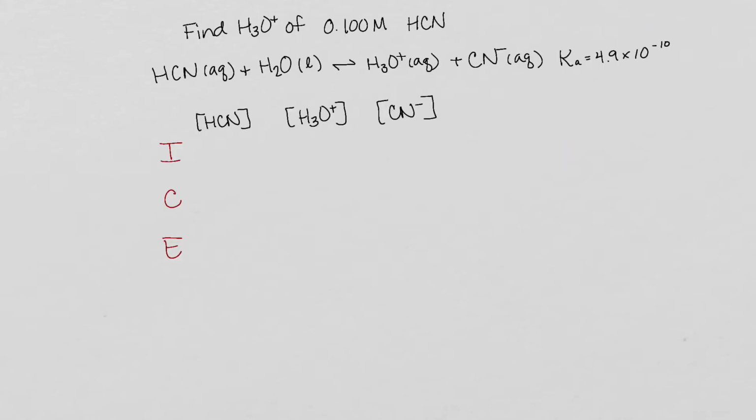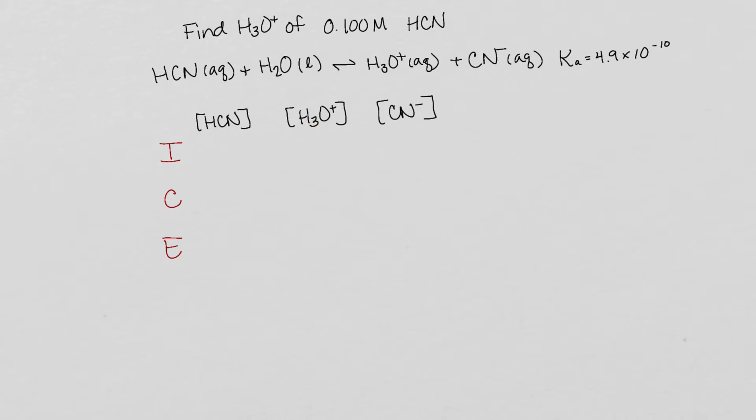In this example, we want to find the hydronium ion concentration in 0.1 molar HCN, hydrocyanic acid. So I have here our components and our ice table, and remember, we don't care about the liquid water because the change in concentration is negligible for that. So we're only going to be worrying about these pieces.